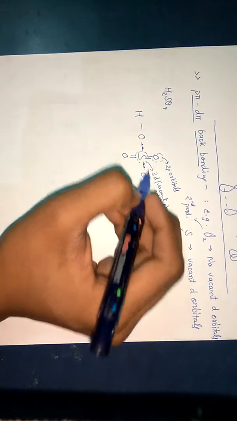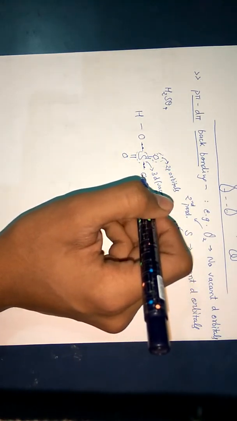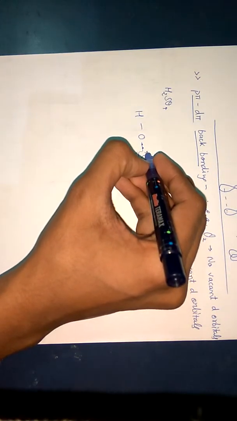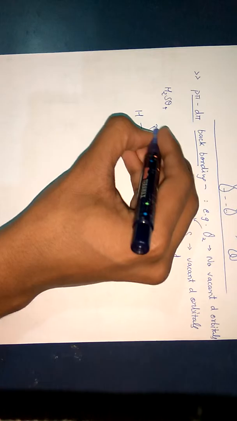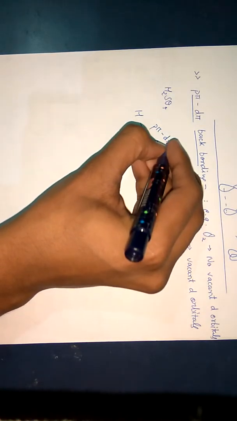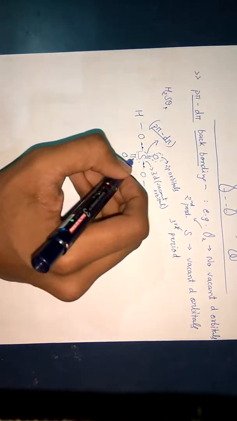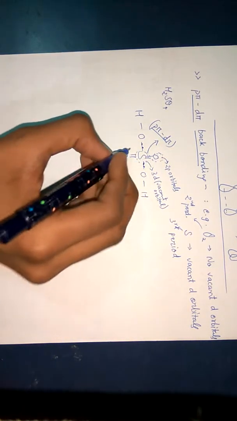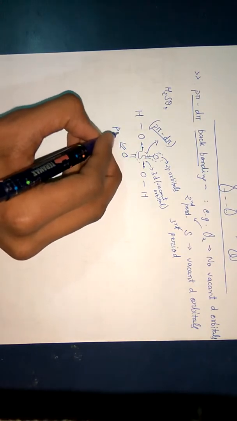After looking at this, there are 2p orbitals in oxygen and 3d vacant orbitals in sulfur, so this pi bond will represent p pi d pi back bonding, since the p orbitals are from oxygen and the d orbitals from sulfur. Similarly over here in this bond, p pi d pi back bonding.